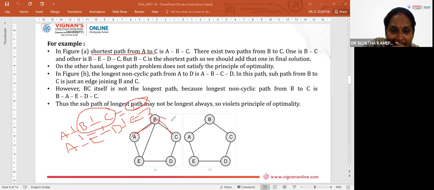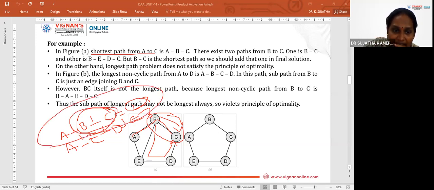I can travel directly from B to C, or I can travel B to E, E to D, D to C, without considering A. Out of these two ways, the direct edge is the shortest one. That is, the subpath is also shortest. Here, the total path is shortest, and this subpath is also shortest. That's why we can say it satisfies the principle of optimality, and the path we calculated is the shortest path.